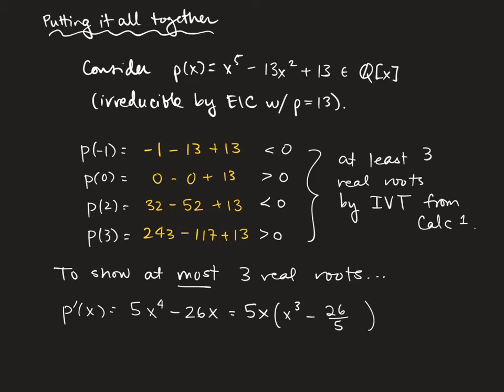And this allows us to find the critical values for x. So let's take a look at those critical values. That's where this derivative is 0. We're going to get x equals 0 and x equals the real cube root of 26 fifths.